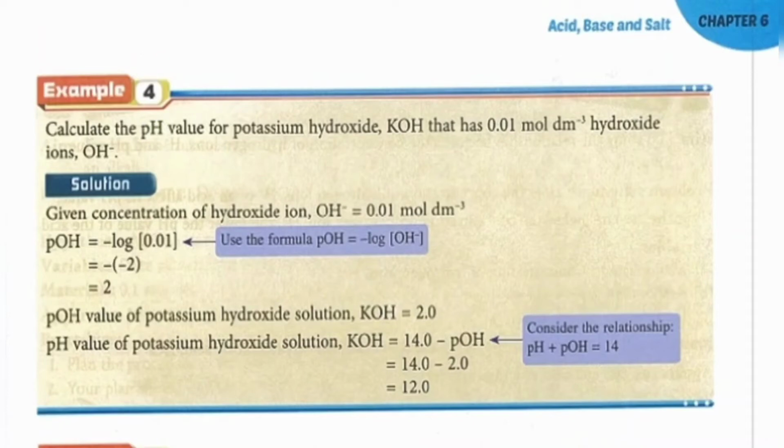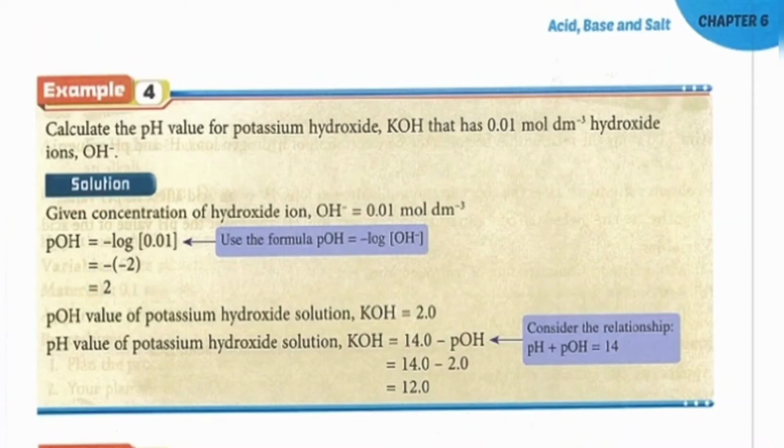So firstly, you need to use the formula of pOH, negative log the concentrations of hydroxide ion. So here given the concentrations of hydroxide ion is 0.01, we put here and then just press your calculator. Negative log 0.01, we will get the answer 2. Okay, 2 is the pOH value.